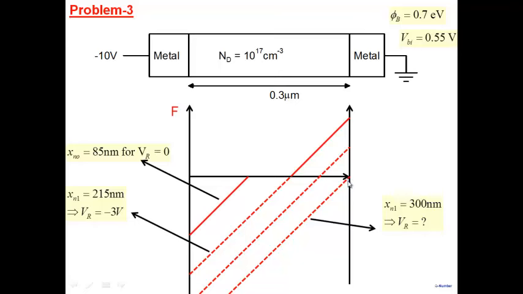Now what will happen then? At minus 10, what will happen? The whole region is depleted. So at minus 10, what does the situation look like? How will the field look at minus 10? Field cannot be 0 here. Where will the field go?